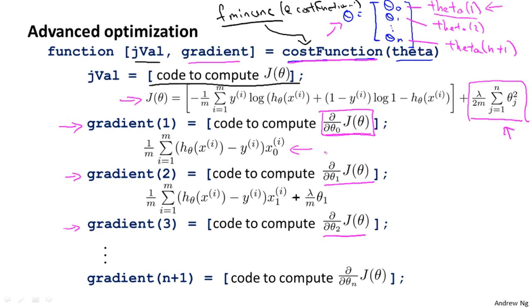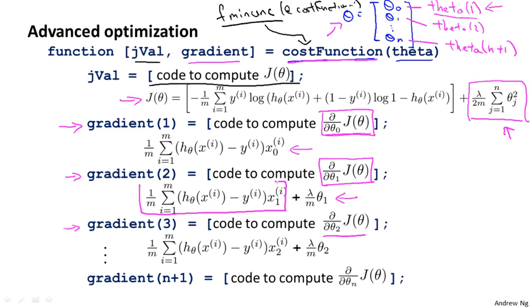The other terms do change. In particular, the derivative with respect to theta 1, which we worked out on the previous slide as well, is the original term plus lambda over m times theta 1. Just so we make sure we parse this correctly, we can add parentheses here so the summation doesn't extend. Similarly, this other term looks like this, with the additional term from the previous slide that corresponds to the gradient from the regularization objective.